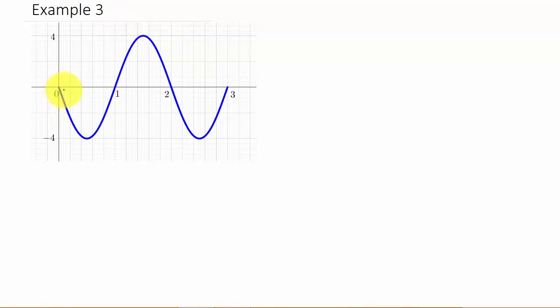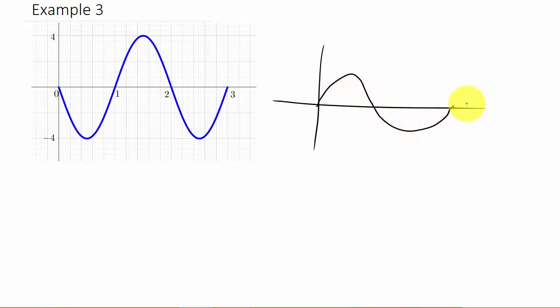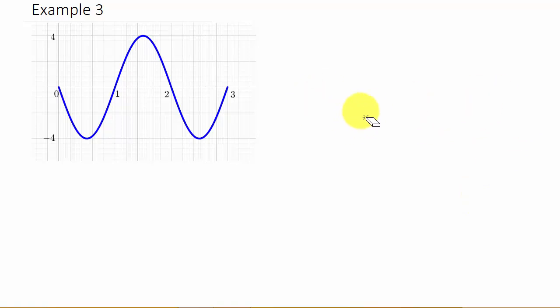So it's just going to be a regular sine function, and we would find the function just like we would if it looked like this. The only difference is at the end we'll put the negative in front to make it reflect like this graph does.